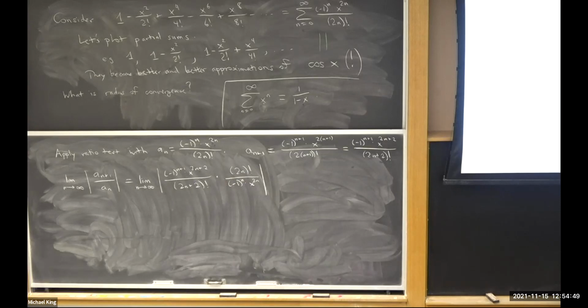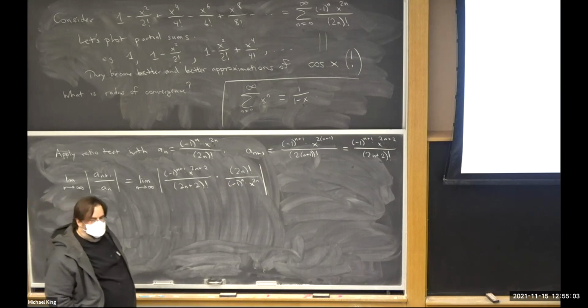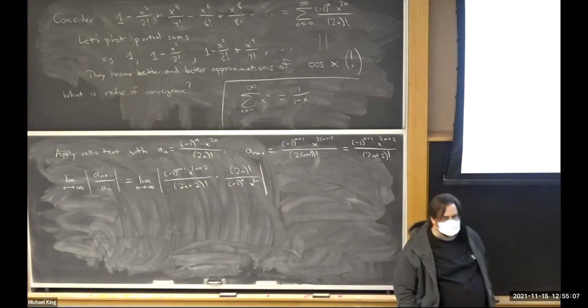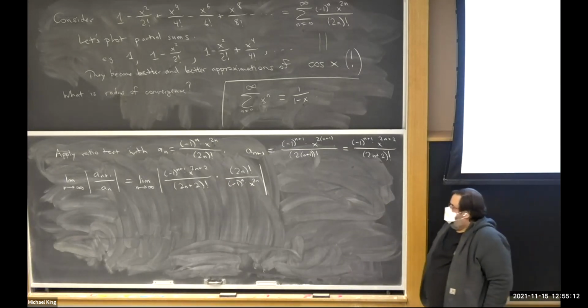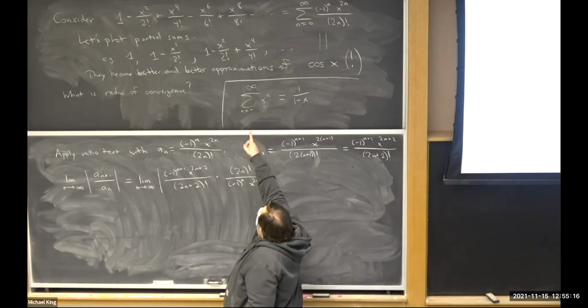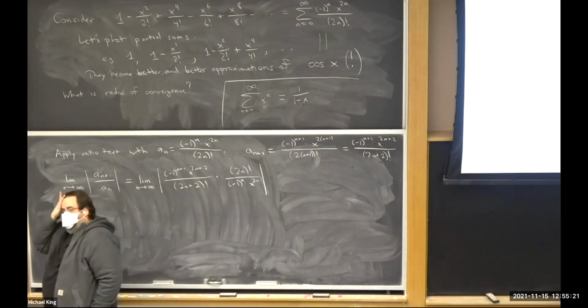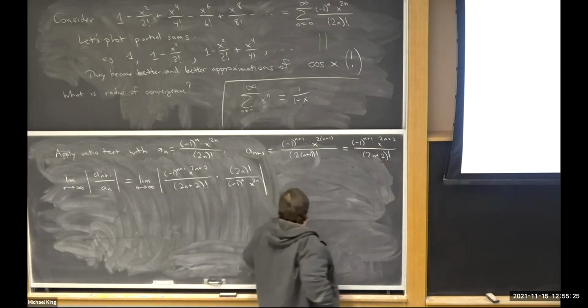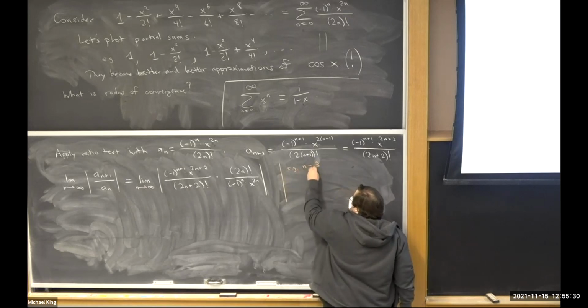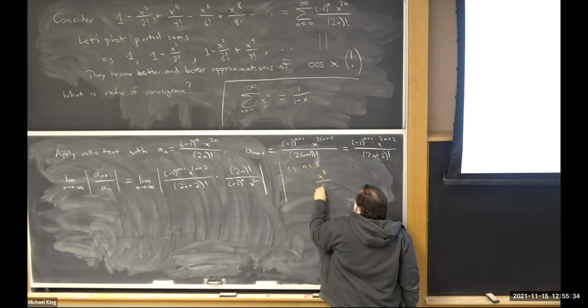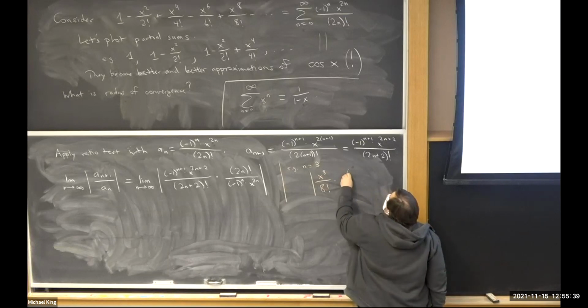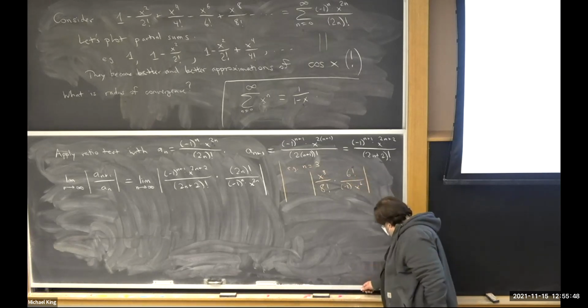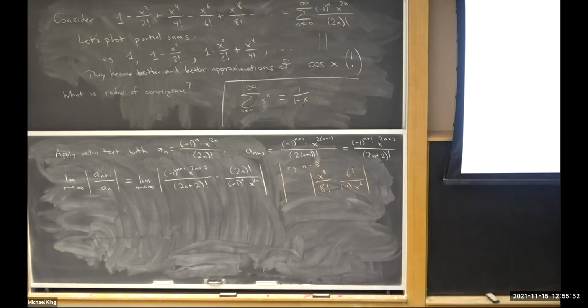So take a minute, talk to your neighbors, see if you can figure out how to cancel, how this simplifies. You could also do like the 8th term over the 6th term if you wanted, to see for a specific example. In fact, maybe I'll write that over here. That's what you would have, right? Sometimes that can be helpful to try to create the general thing. It's how one of the specific examples would cancel.